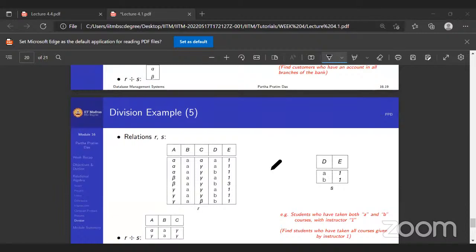If anyone has any other doubt... Week 3 practice question. What is the difference between arity and cardinality? Which one? What is the difference between arity and cardinality? Parity means something else. You got this thing in the slide, right? Yeah, I got it in the slide. Can you tell me where it is exactly?